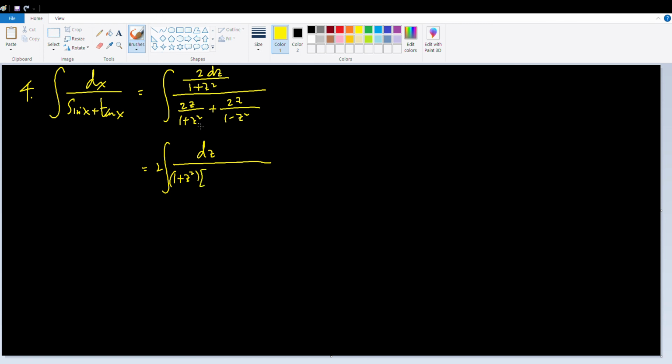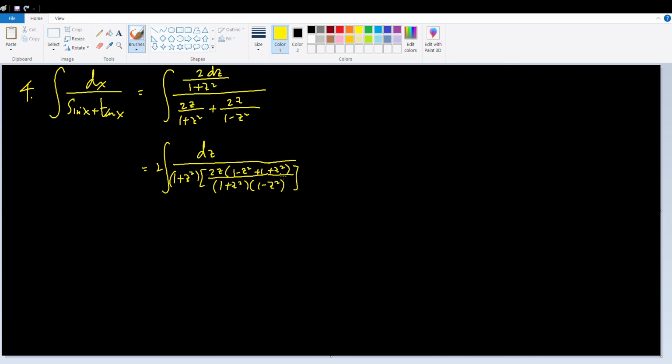We combine the fractions in the denominators. So it will be 2c; we can factor 2c also. Then we combine, that will be 1 minus c squared plus 1 plus c squared over the product, 1 plus c squared and 1 minus c squared.